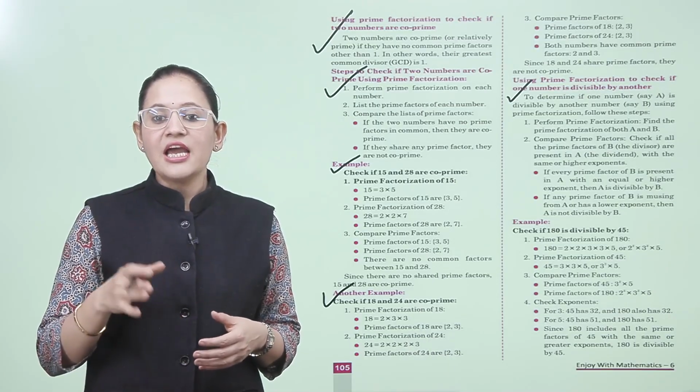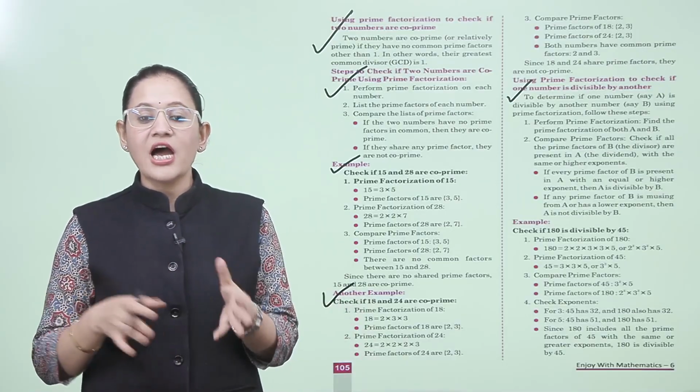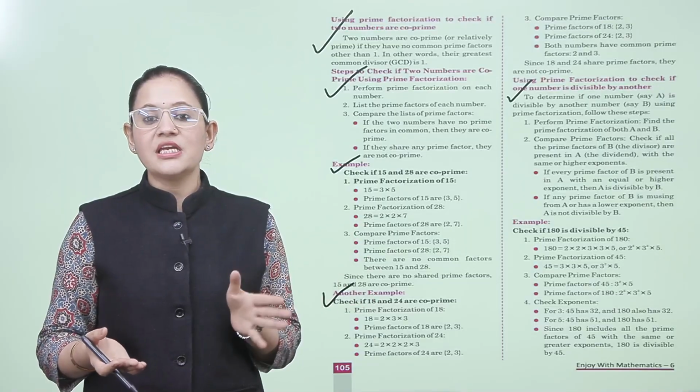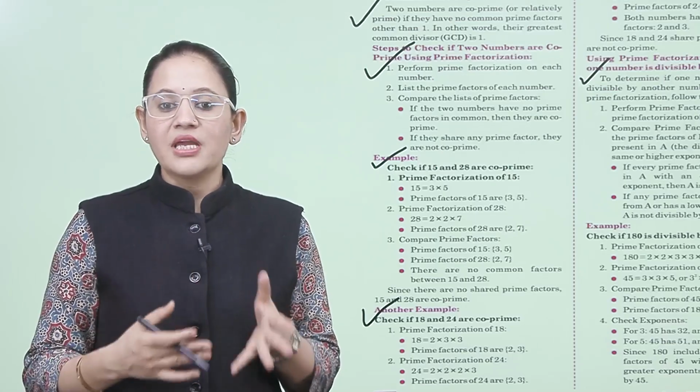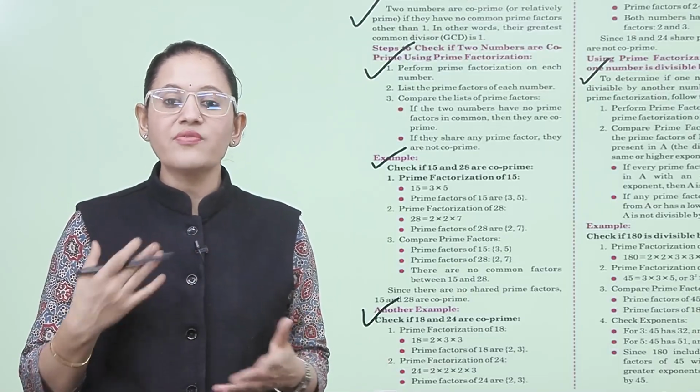If every prime factor of B is present in A with an equal or higher exponent, then A is divisible by B. If any prime factor of B is missing from A or has a lower exponent, then A is not divisible by B. So this way we can check.